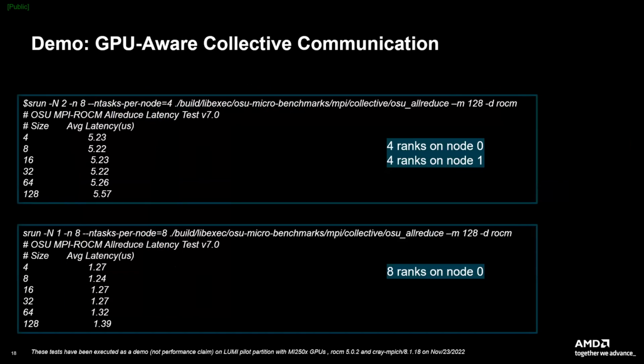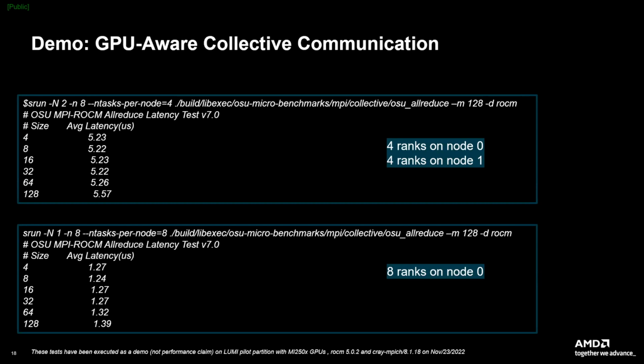This slide shows the GPU-aware collective communication. So the example on the top shows the run on 2 nodes. So we have -N2, which tells that we want to run this test on 2 nodes. We have 8 ranks in total, and we want 4 ranks per node.